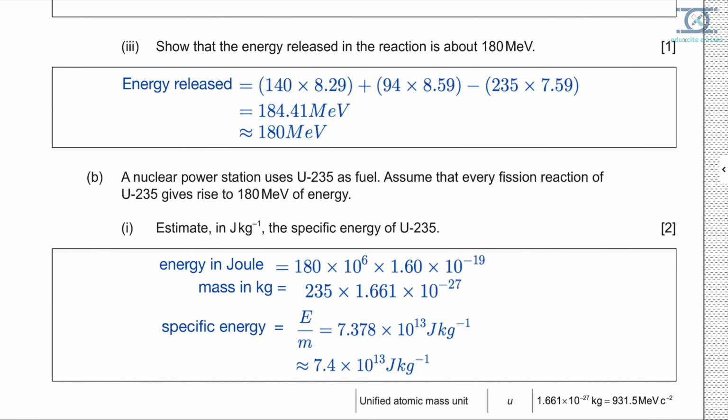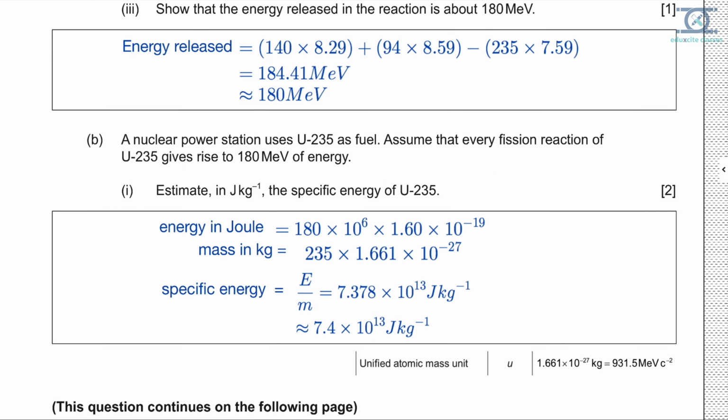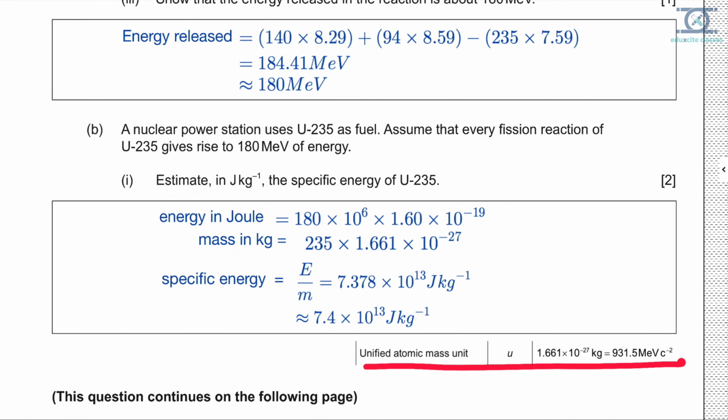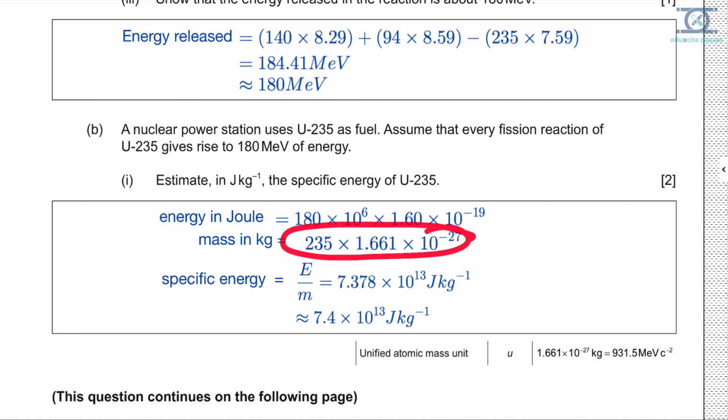The mass we convert into kg: you can use the data given in your physics booklet, that 1 u is equal to 1.661 times 10 raised to power minus 27 kg, multiplied by the atomic mass of uranium, which is 235.